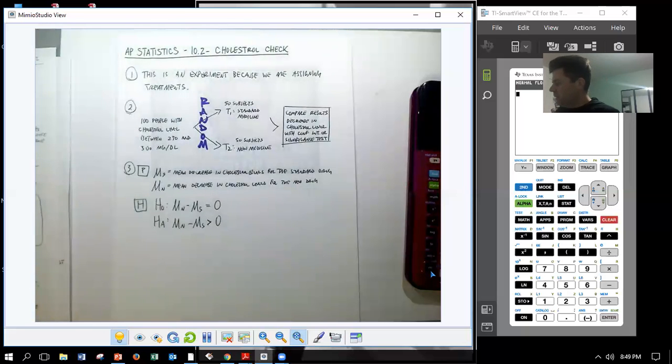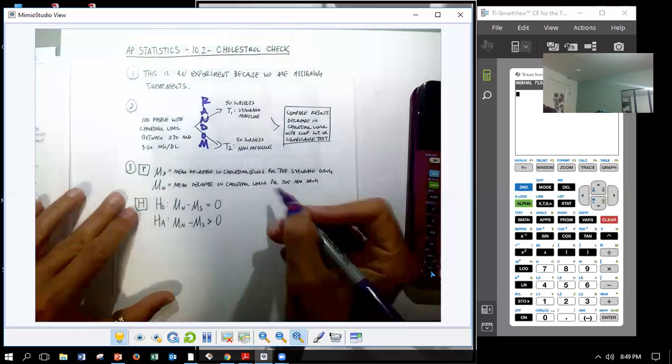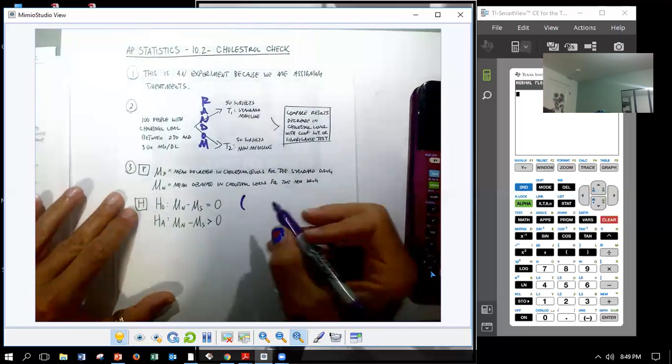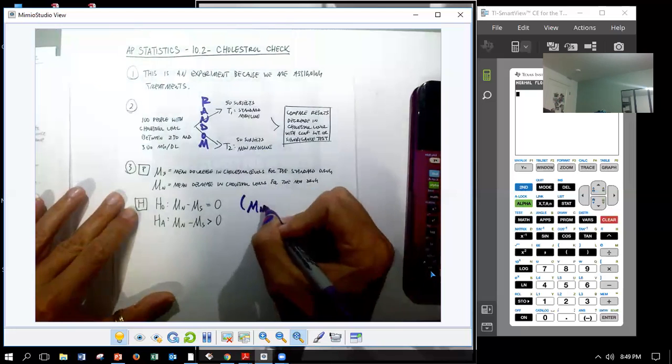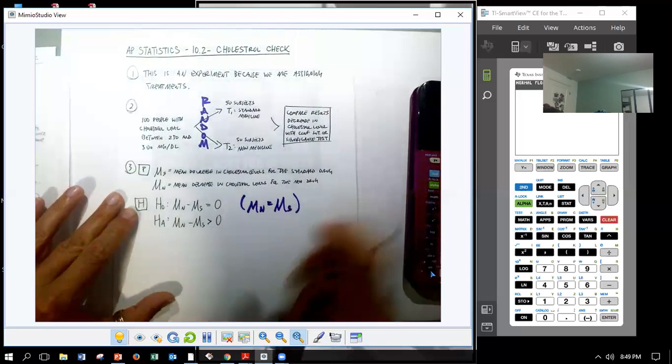Now, for some people, that can be tough to think about. And that's why a lot of times in notation, we see this written a little bit different. Sometimes they'll actually solve and put these on the other side. So I'll put these in parentheses here. If I put mu sub S on the other side, this would be mu sub N is equal to mu sub S, right?